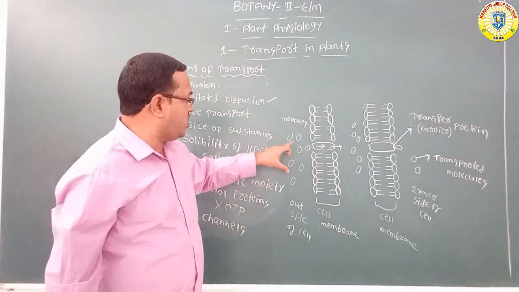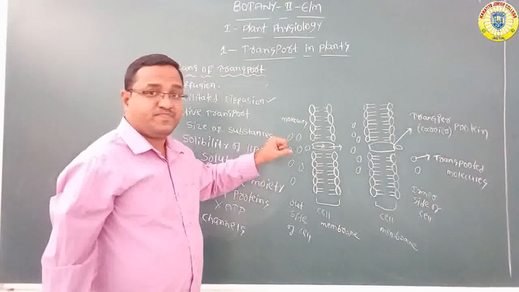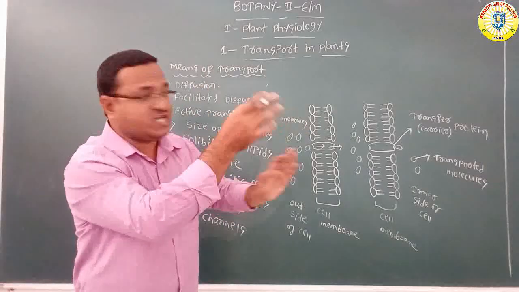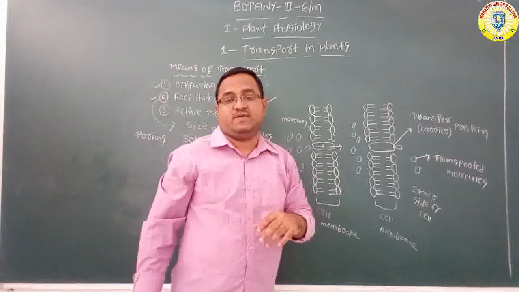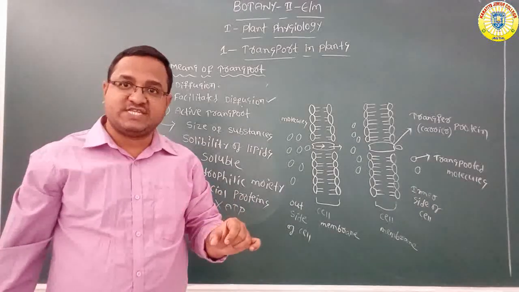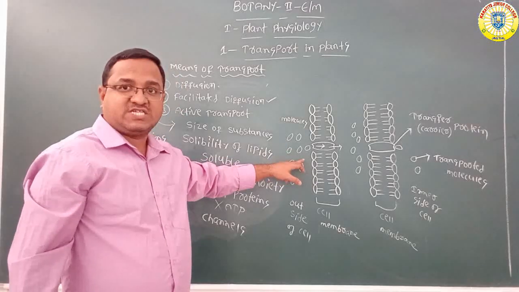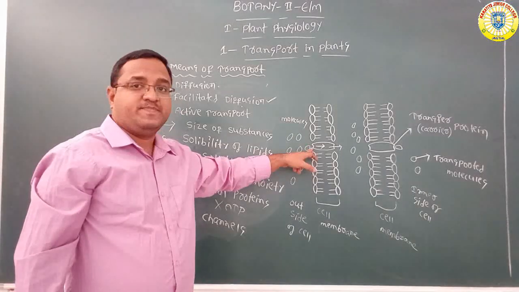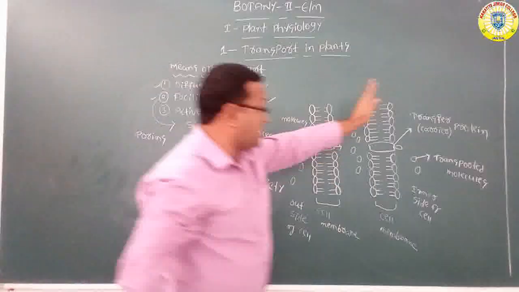Whenever a substance binds to the carrier protein, it immediately rotates and allows the molecules inside the cell. Whenever a molecule is attached to the extracellular side of the carrier protein, the carrier protein rotates and allows the molecules inside the cell.